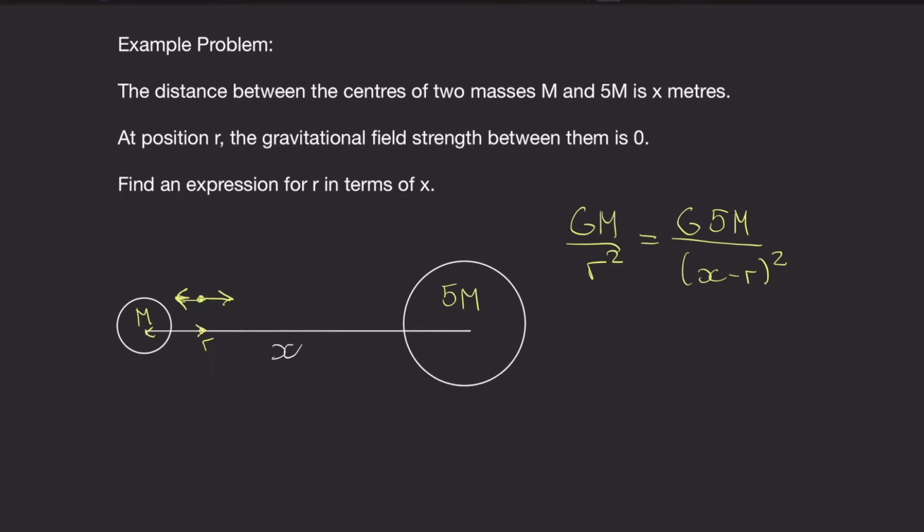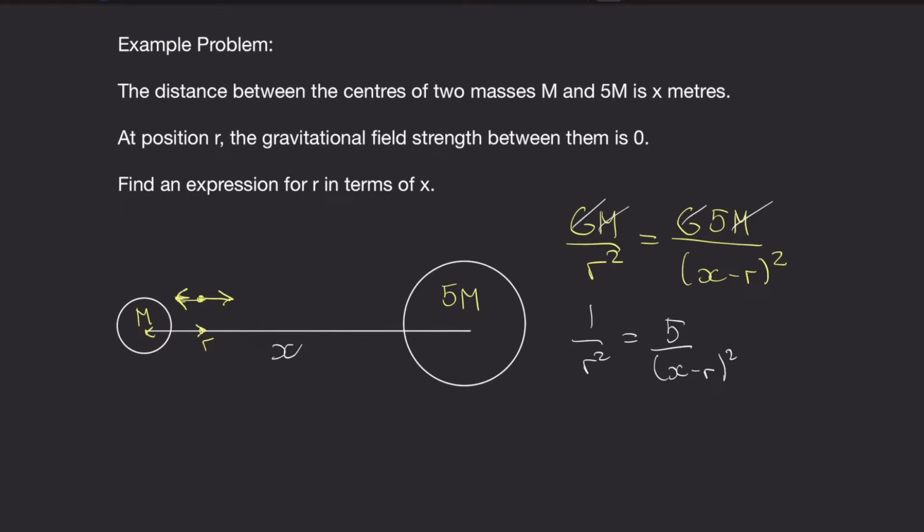Okay, so what we can do then is do a little bit of cancellation. So g is going to cancel, m is also going to cancel. Then what do we have left? We have 1 over r squared is going to be equal to 5 over (x minus r) squared.